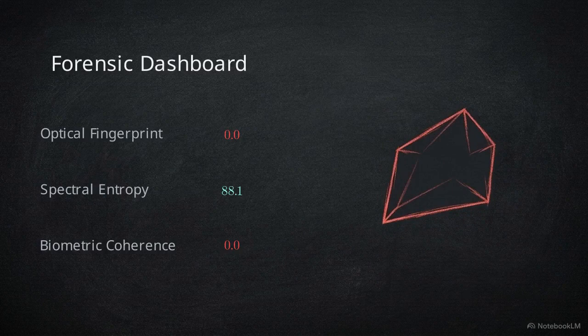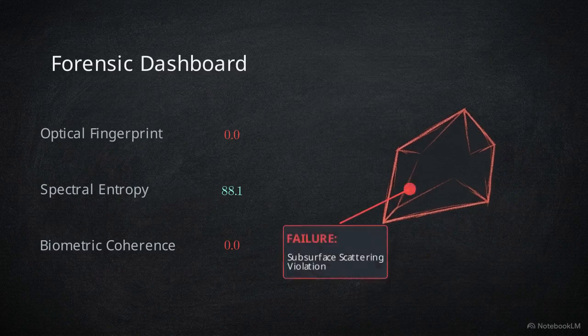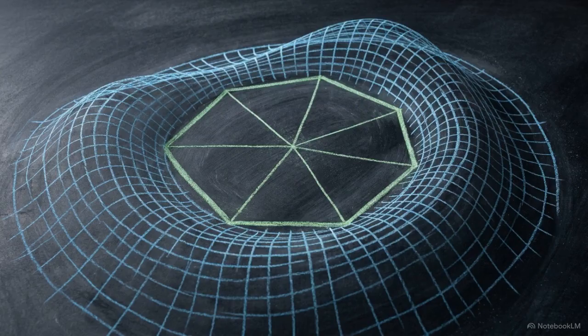These collapses isolate the exact forensic failure. Lacking correct subsurface light scattering pulls the biometric axis toward zero. In this authentic reference frame, the unpruned data allows the topology to remain robust and convex. The VeriGraph maps the image's physical truth directly onto a dynamic Riemannian manifold.